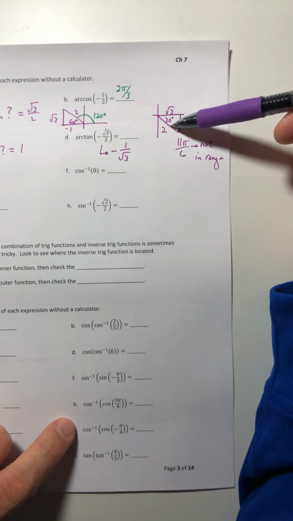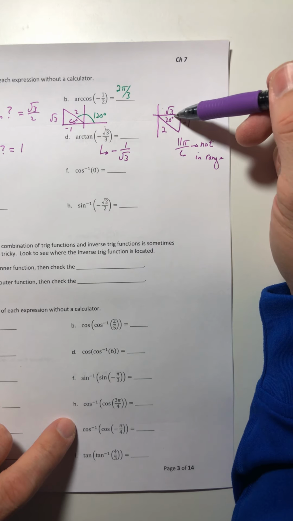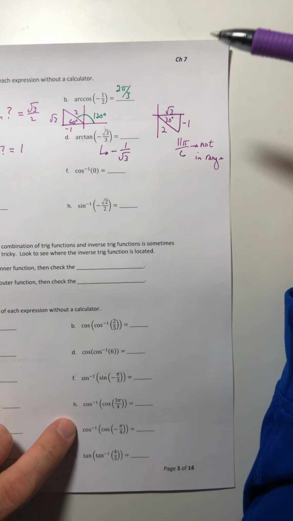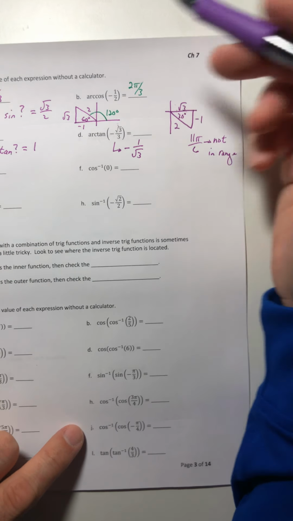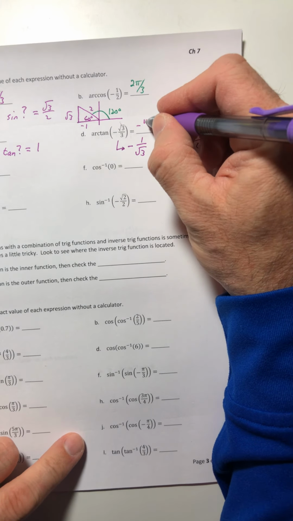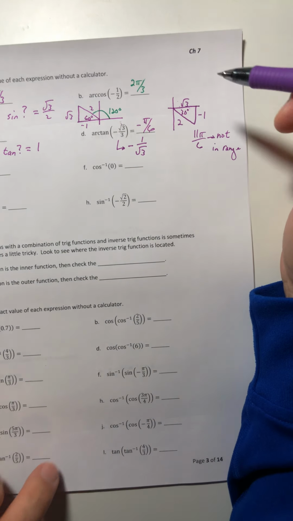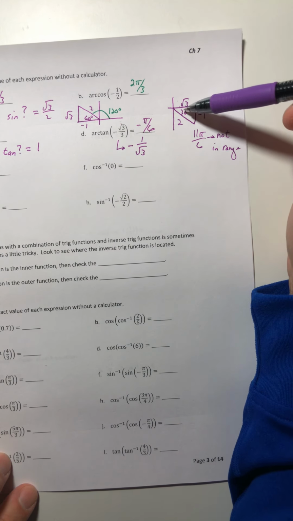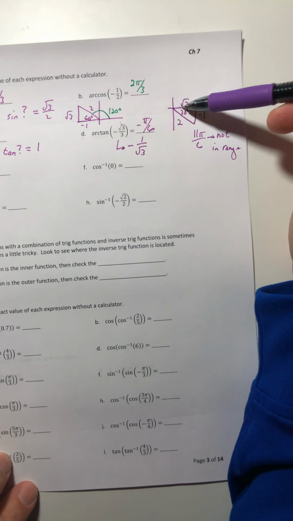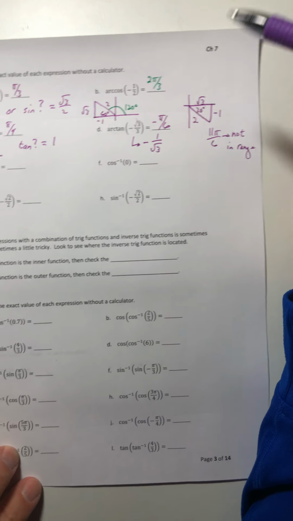Just go clockwise, which means your answer is going to be negative. It's going to be the negative of the angle sitting inside the triangle. So negative pi over 6. So quadrant 4 sometimes looks scary, but it's really not. You just take whatever angle is right there and make it negative and you're done.